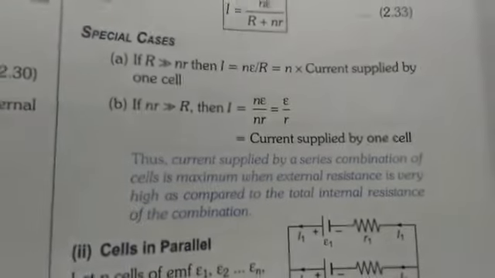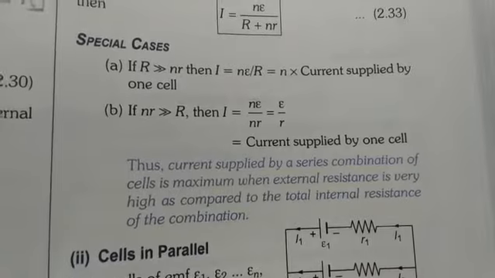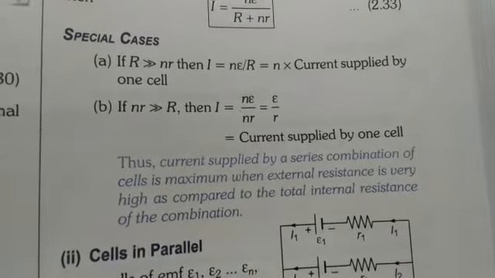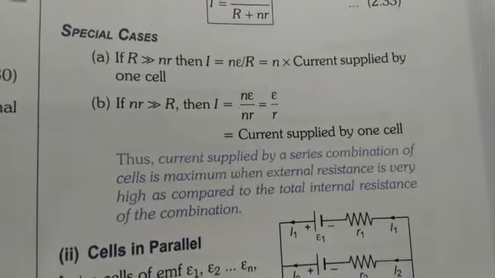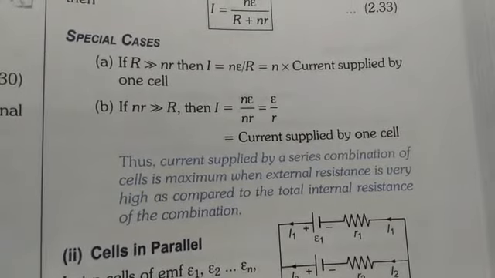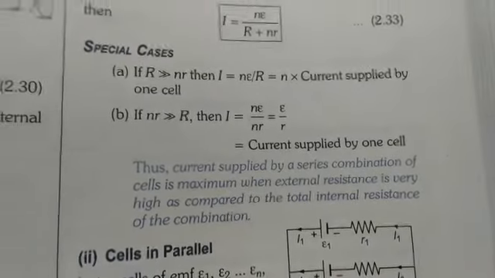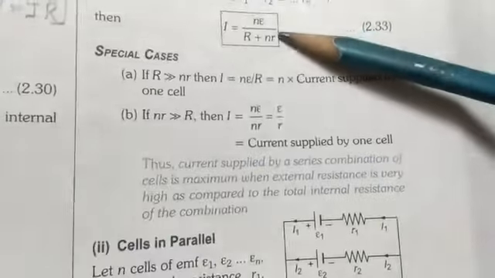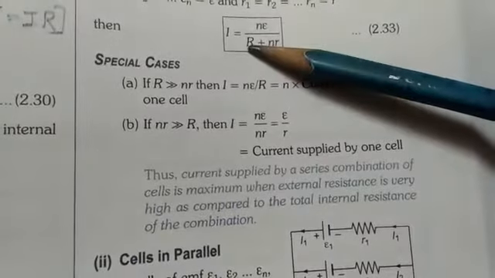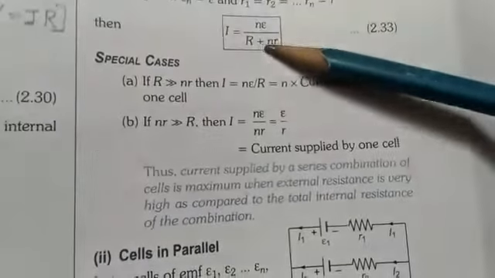Now we will discuss some special cases. Suppose the external resistance is very high compared to the total internal resistance, then what will be the value of I? In this equation, if R is very large compared to nr, then nr can be neglected.